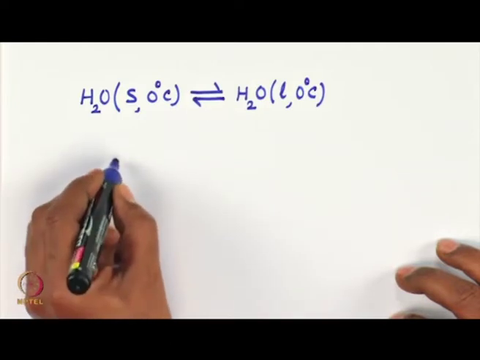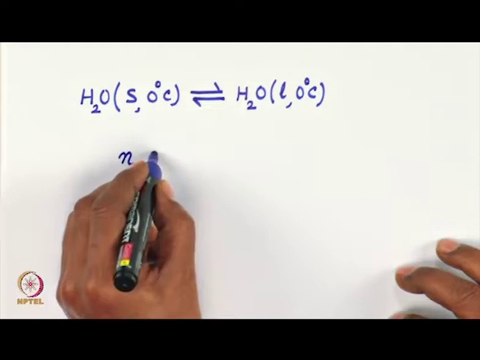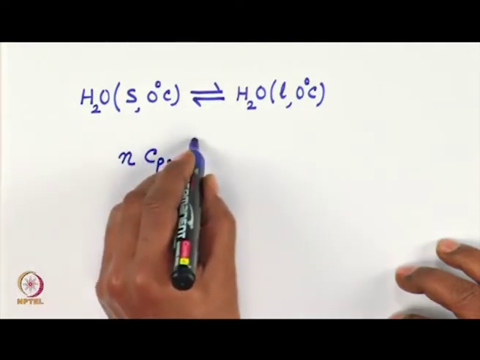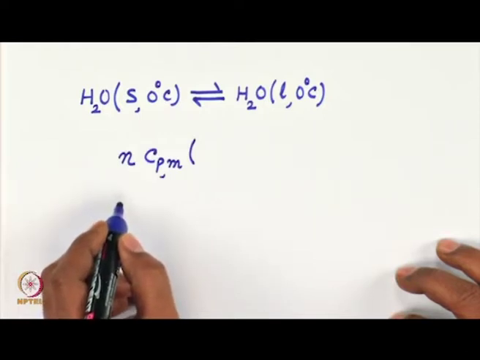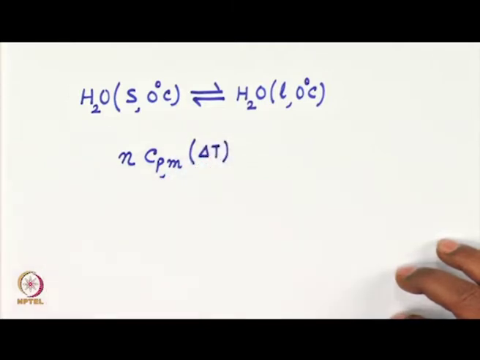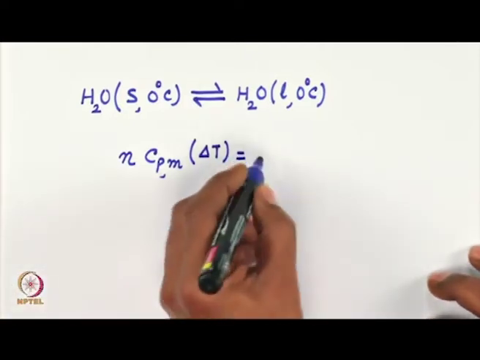This will be number of moles into CPM, molar heat capacity, into T final minus T initial. Let me put delta T. From where will this heat come?